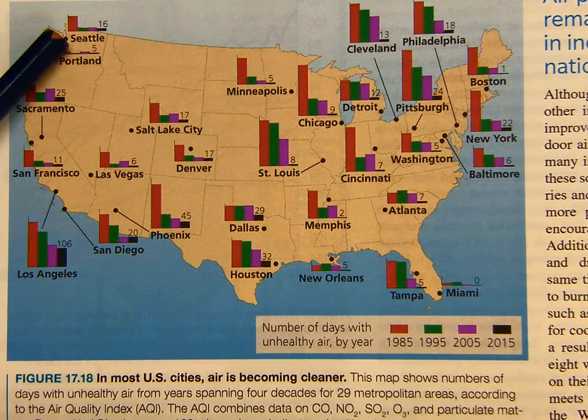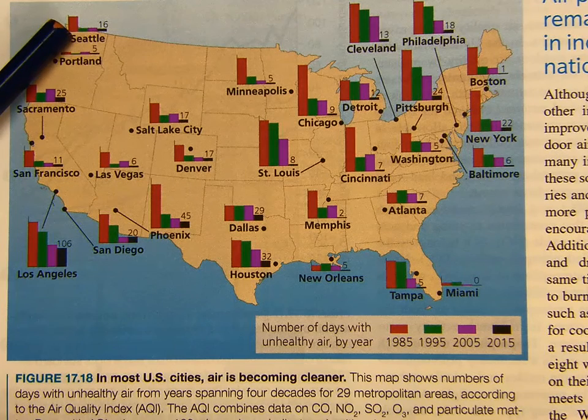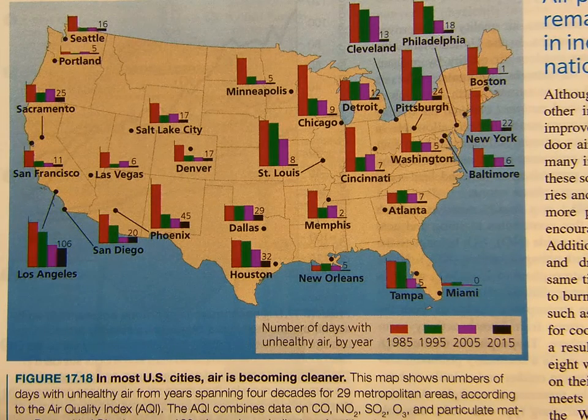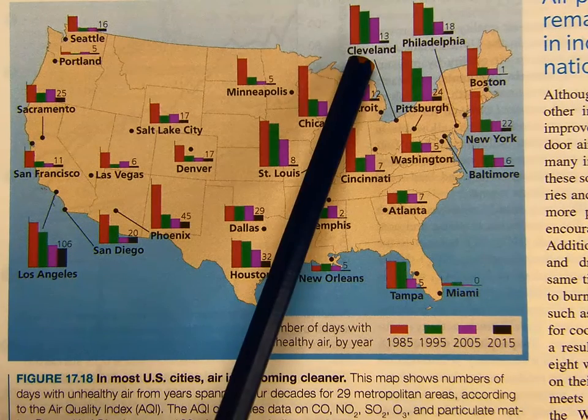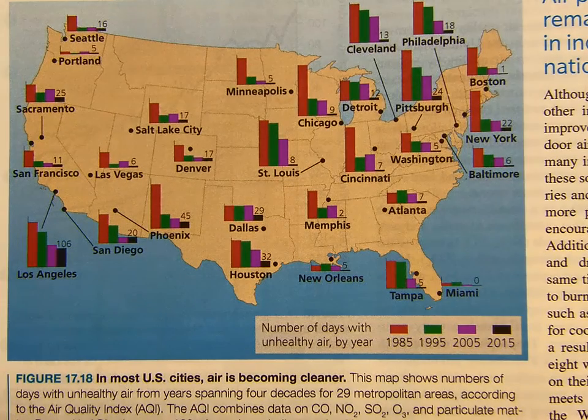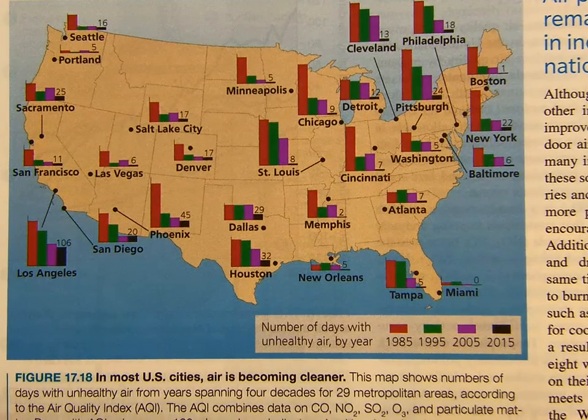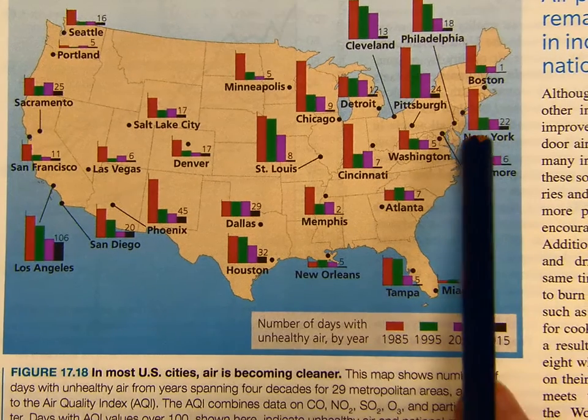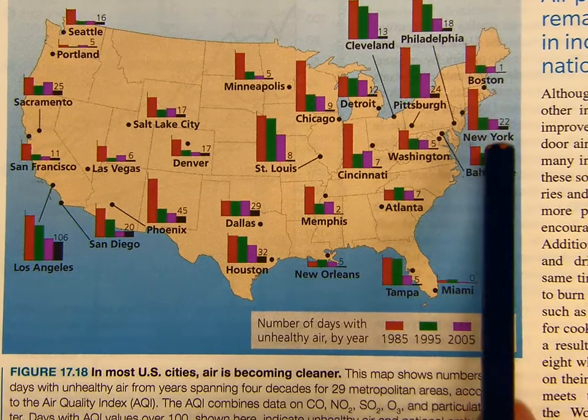Jump up to here. Look at that drop from 85 to 95 in 10 years. Look how significantly it has dropped there. Look at Cleveland, going down, going down, going down, and then a significant drop in the last 10 years, 2005 to 2015. New York, same thing. Really bad air, and they've really cleaned it up.